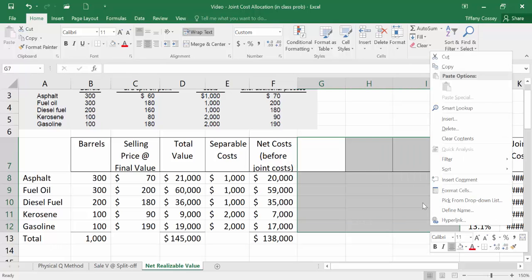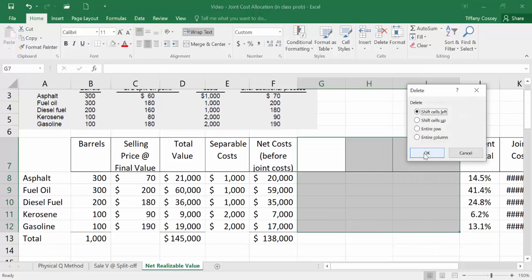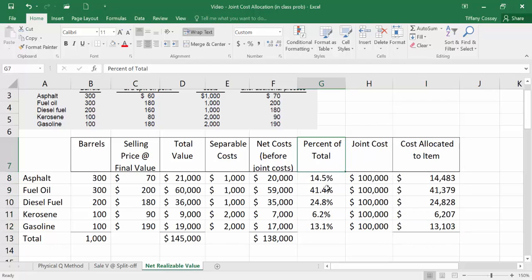So now I can bring this calculation back over here and figure out my percent of the total. This time it's the net cost before considering joint cost divided by the total from that group. And again, I'm going to put my dollar signs in to hold that number steady and just drag my formula down.